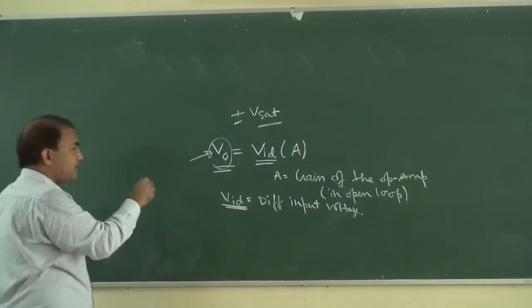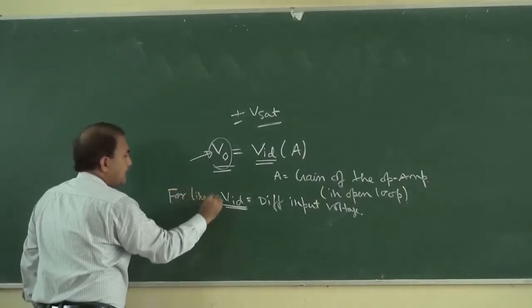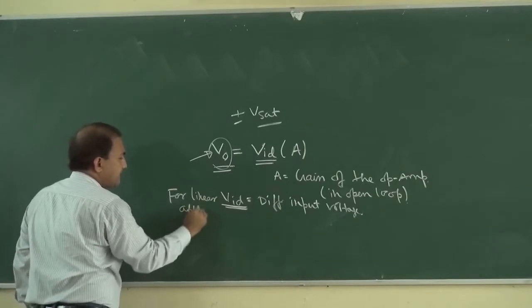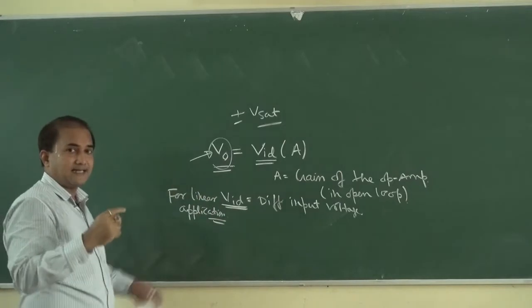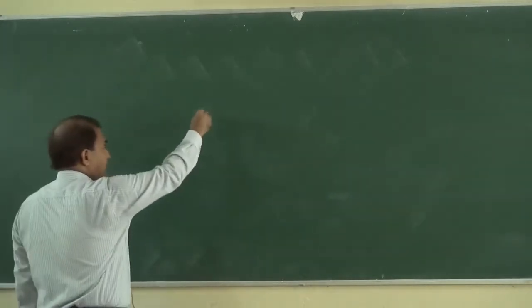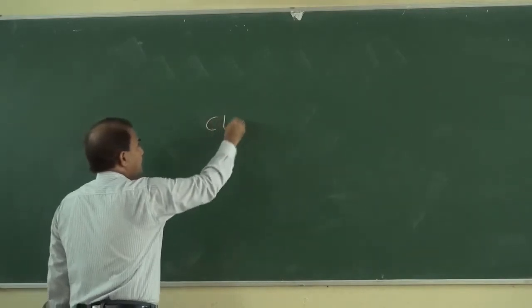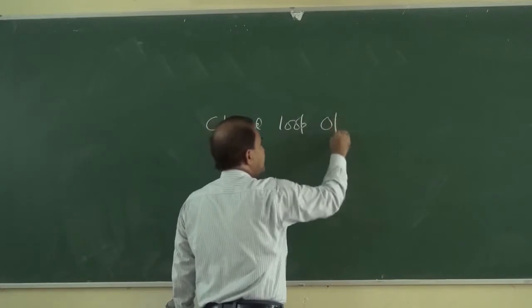So for linear application, open loop configuration is generally not used. So we have to think of closed loop operational amplifier.